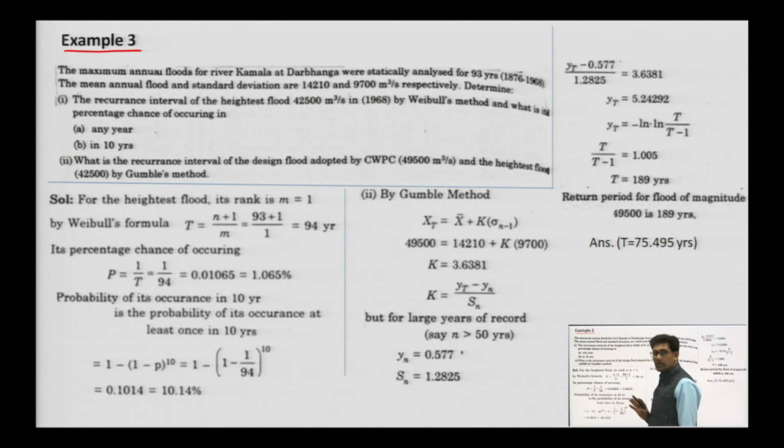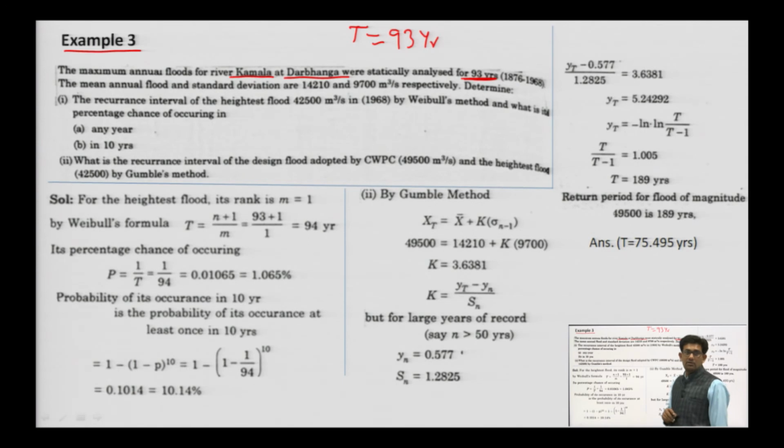Here, the data given is the maximum annual flood for the river Kamla at Darbhanga, which were statistically analyzed for 93 years, return time t is 93 years. It is a very long data record, from 1876 to 1968.